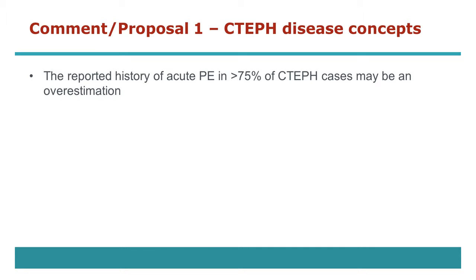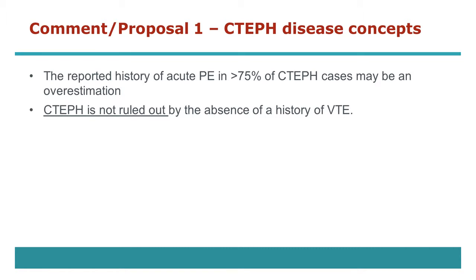And while we do think that CTEPH is a thromboembolic condition, it is not correct to rule out CTEPH on the basis of an absence of a history of VTE.